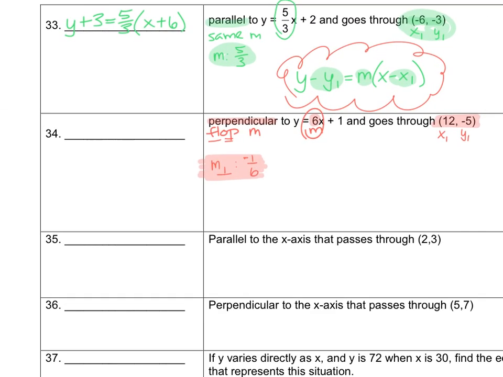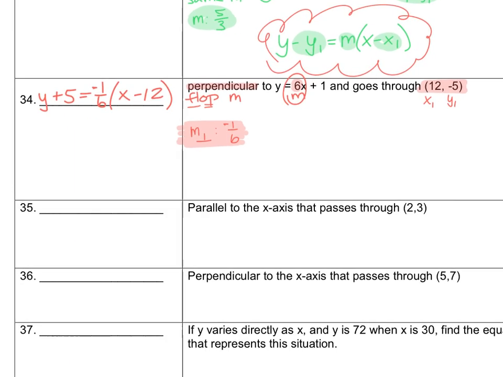So I've got y minus my y value, so y minus -5, which is going to flip it to the opposite and be y plus 5, equals my slope of -1/6, parentheses, and then I want x minus my x value, so x minus 12, there.